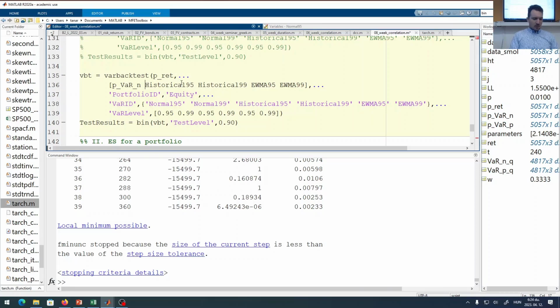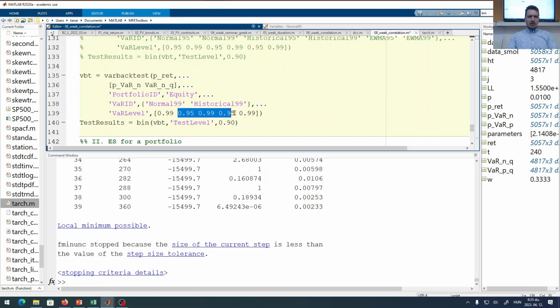So VaR and Q. We don't care about the rest: portfolio ID, equity, VaR ID, normal 99, and historical 99. The rest is not necessary. VaR level, it's only on 99.